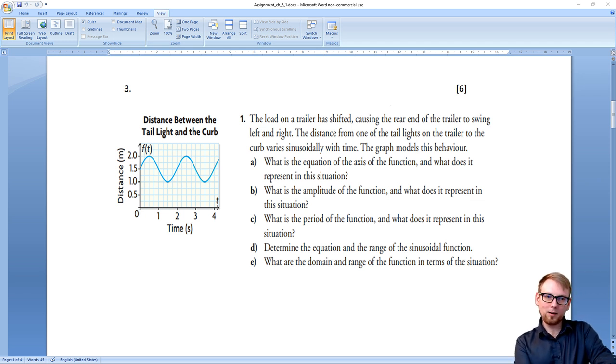Well, time is in seconds, not in degrees. Remember, our bottom axis goes 1, 2, 3, 4. It's not 360. We have to change what the period is based on what our axis is.